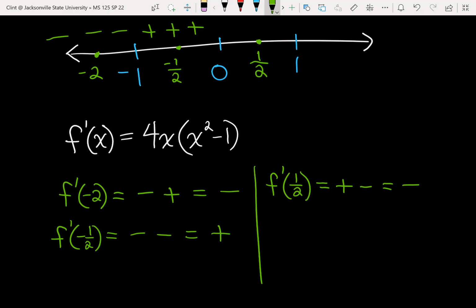Get a negative. And then something bigger than 1, 2, it will be symmetric with it. So 4 times 2 is positive, and then 4 minus 1 is positive, so we are positive.